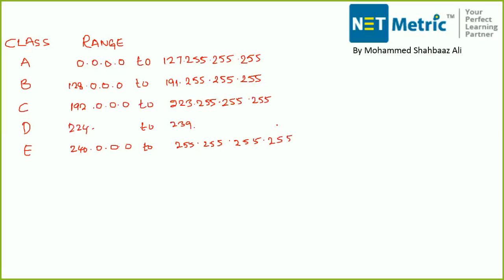Out of all these classes, what is the purpose of class D? Is there any special purpose of class D, or can anyone use it? It has a special purpose.